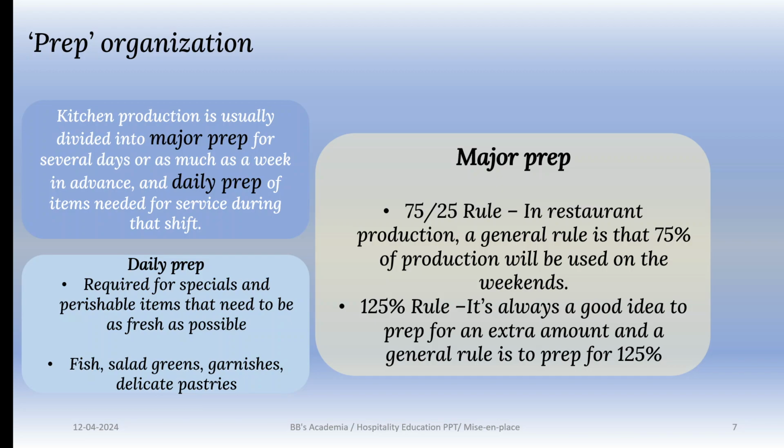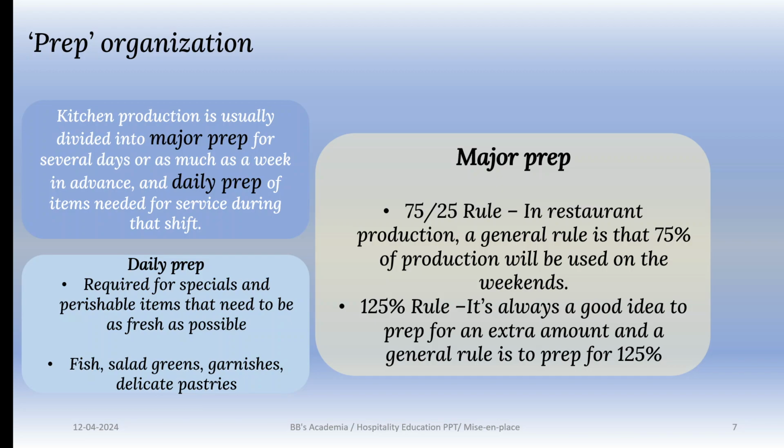In restaurant production, our general rule is that 75% of the production will be used on the weekends, because most people will visit your popular restaurants on the weekends. The volume of business from Monday to Friday is not the same as on Saturday evening and Sunday. So accordingly you can divide your major prep and daily prep and follow the 75-25 rule.